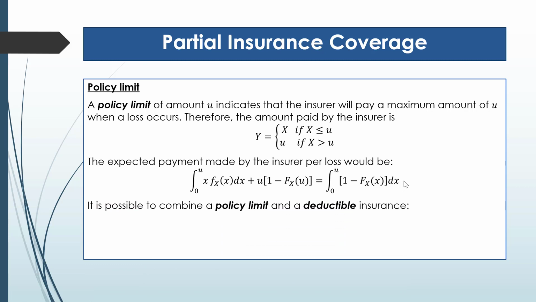It is possible to combine a policy limit and a deductible in insurance. So if an insurance involves a policy limit U and a deductible D, then the amount paid by the insurer, Y, is equal to 0 if the loss is less than the deductible D. If the loss is between the deductible and the policy limit, the insurer will pay X minus D to the policyholder.